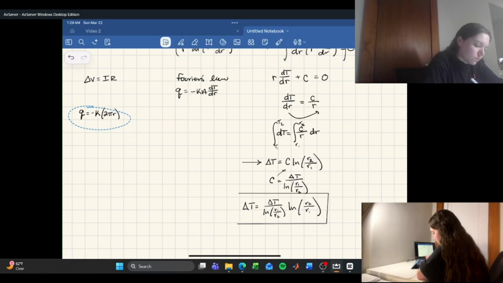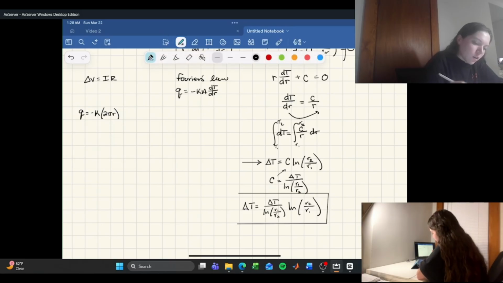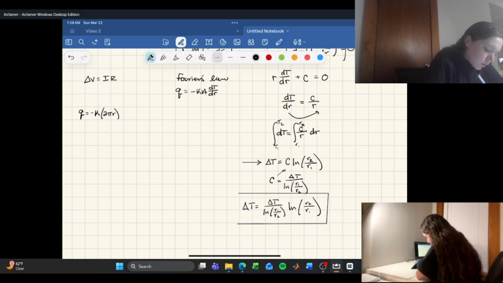So we can write that in as well. If I move it over, this is going to be times 1 over r times C, which we said was change in temperature over the natural log of R1 over R2.